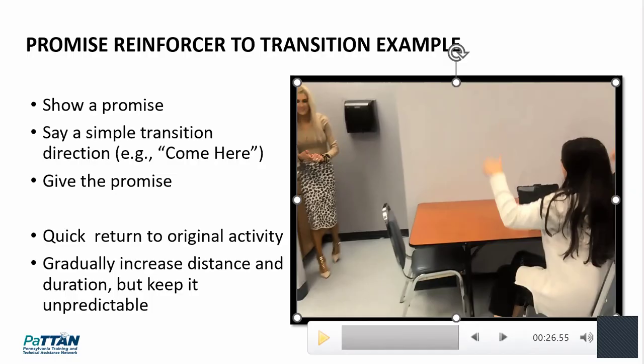She was willing to walk away from her show and she stopped eating her snack because the reward, the juice, was worth it. And when she followed that direction to come here, she got the juice and she got to go right back to her snack and her TV show. So the promise, here the juice, was one extra thing that just helped her respond successfully.